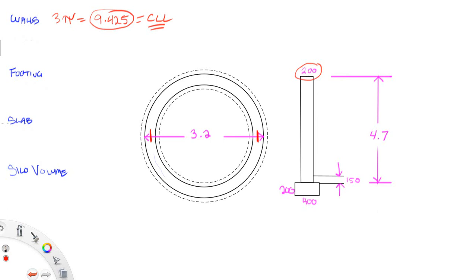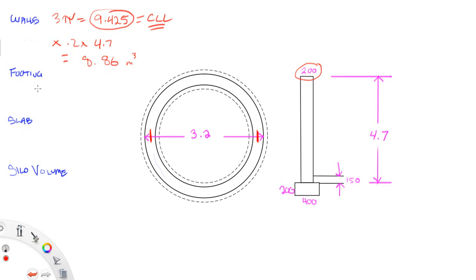That should give us 8.86 cubic meters. So we have 8.86 cubic meters for our wall.